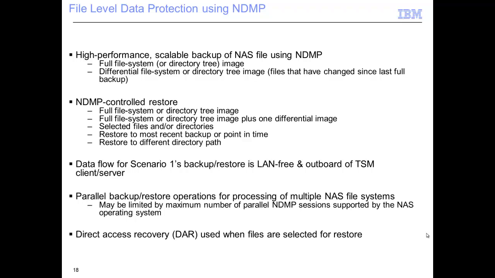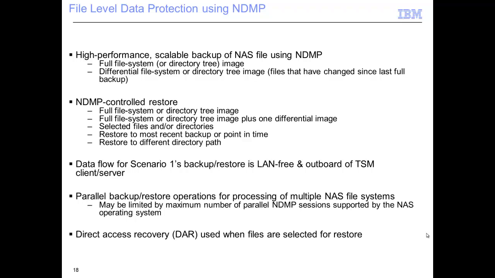These are going to be full file systems or directory tree images. We can then do a differential file system or directory tree image in conjunction with that full backup. When we go to do the restore, we can either do the restore of the full file systems or directory tree images, or the fulls plus the differential images.